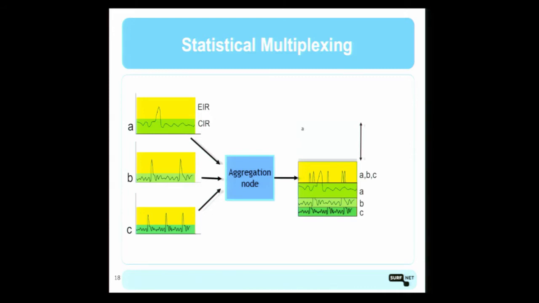So one way we think we will implement light path services is to define a 2-color quality of service mechanism in which we have a guaranteed bandwidth, CIR, colored green, and a burstable bandwidth. Of course, we have to decide where to put this threshold.